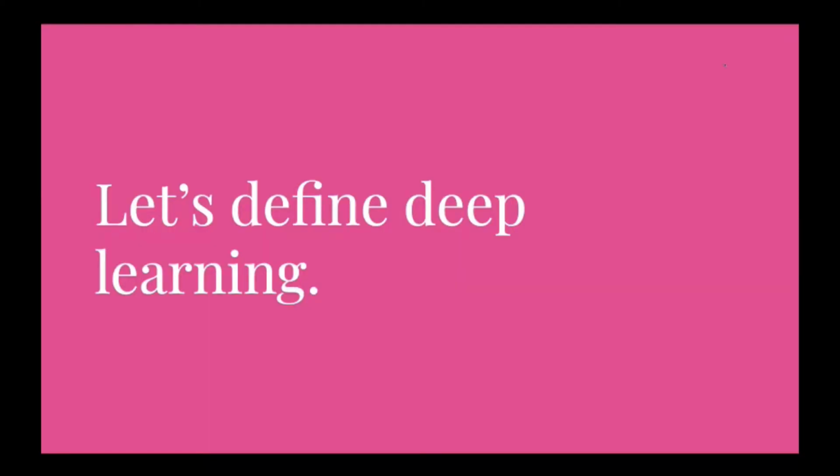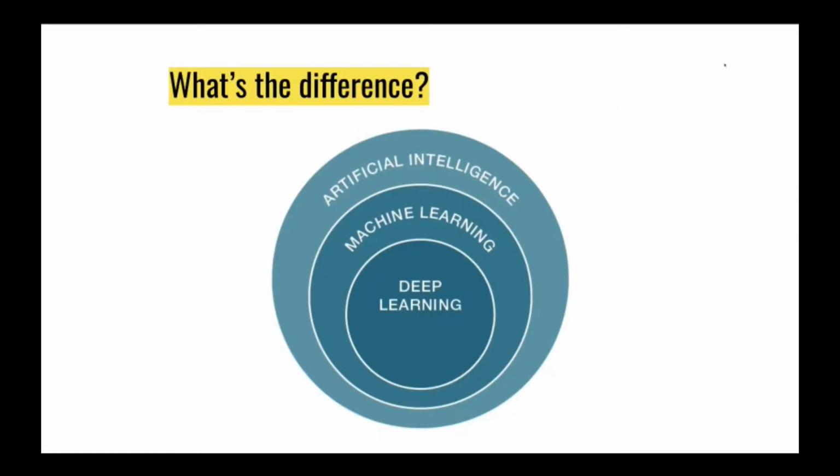So let's define it. What's the difference? Does someone know the difference here? Okay, cool. So AI is kind of the overarching theme, right? You hear this thrown around a lot, and what does that actually mean, right? But let's break this down first.